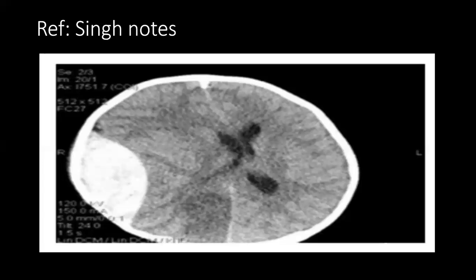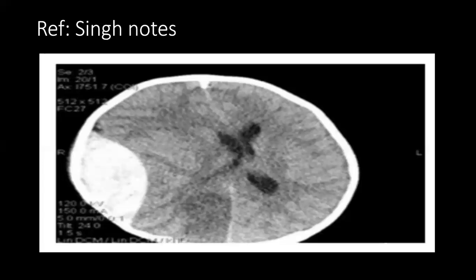And to decrease the cerebral edema, I will give mannitol. I can also give IV furosemide, and maintain serum sodium at 140 to 145 millimoles per liter.